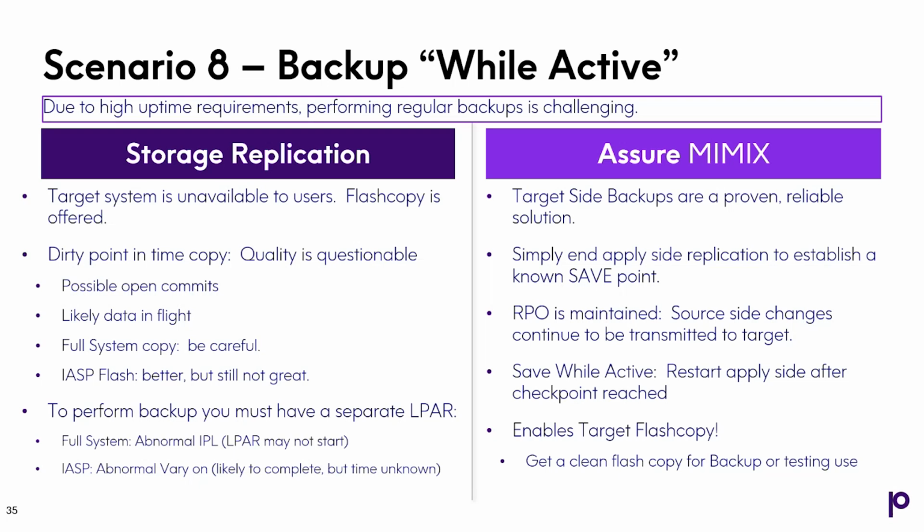And okay, that's great. You can do that at the storage device, but if you have open commits and locked objects and data floating around in memory, that doesn't go away just because you did a flash copy, right? So you end up with a dirty flash copy, or a dirty point in time copy, with questionable quality, right?